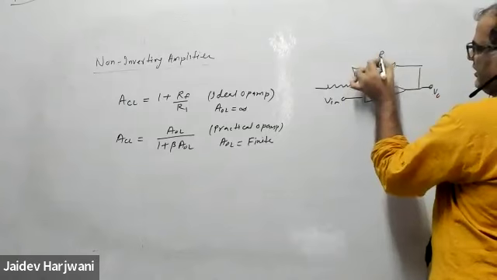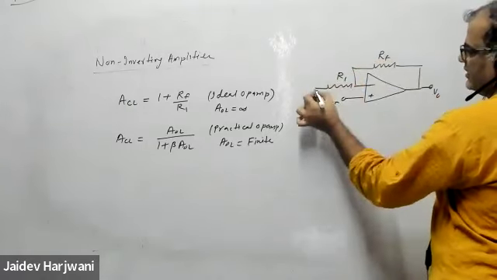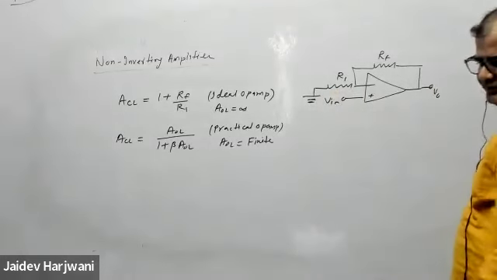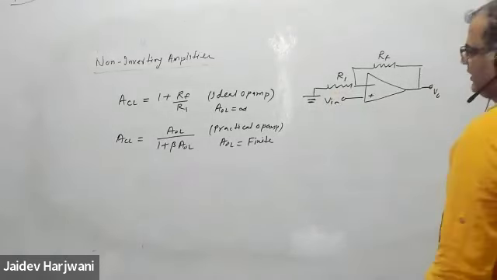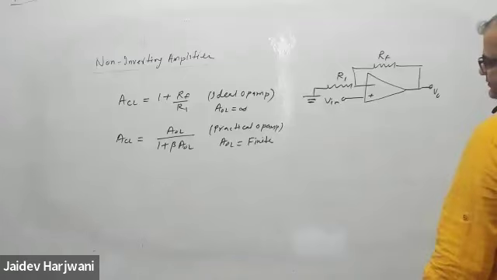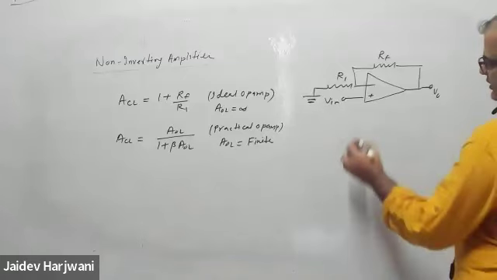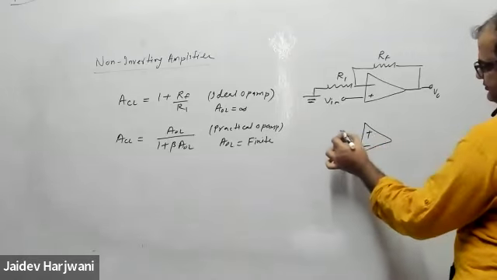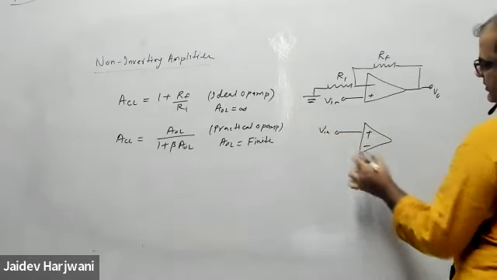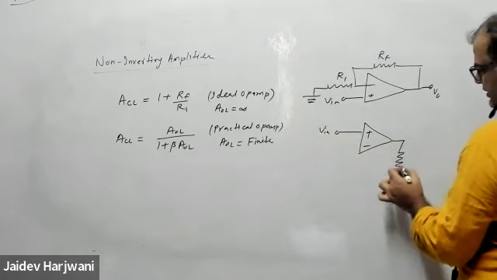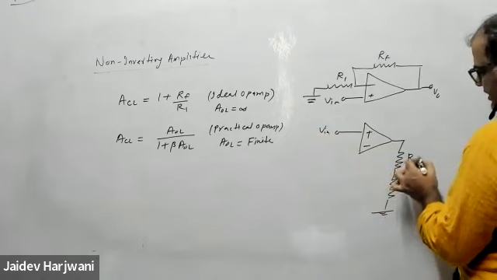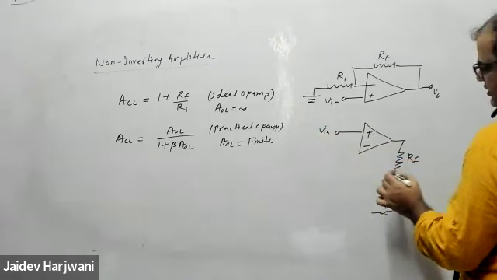So this is your RF, this is your R1, and this is your ground. Sometimes this kind of circuit is drawn like this also. This is a V input. This is my RF and this is R1.